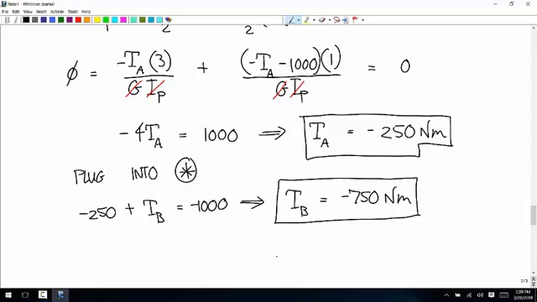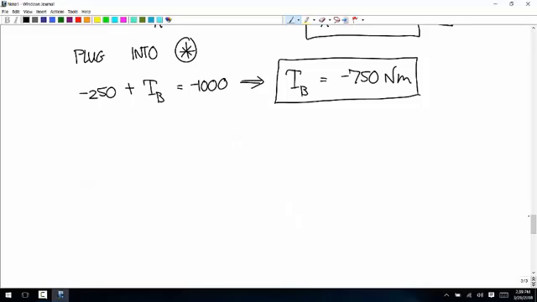Any questions about that? That's a good question. So, the way you would do that is, we know the internal torques everywhere. So if you plotted this out, here's 3, here's 4.